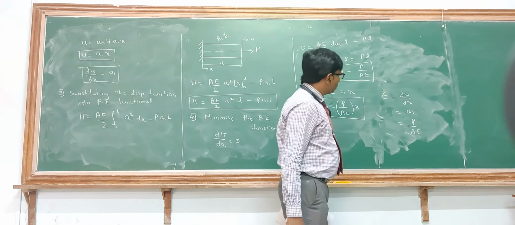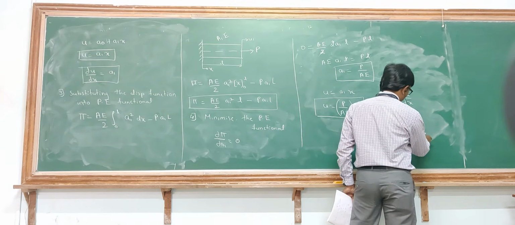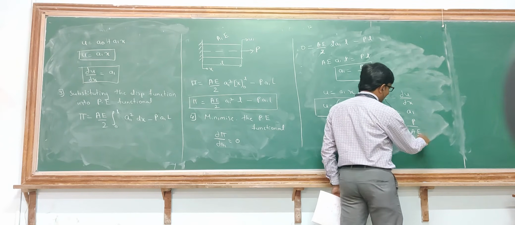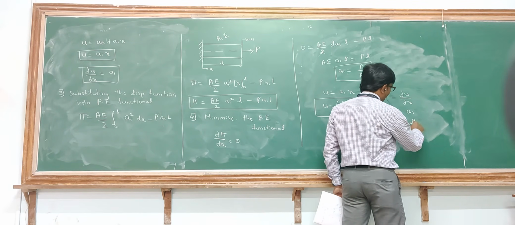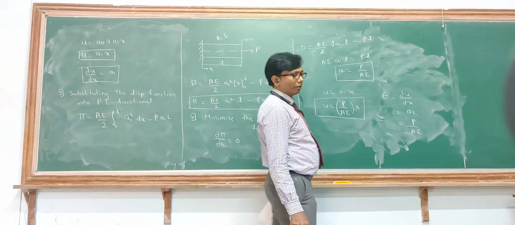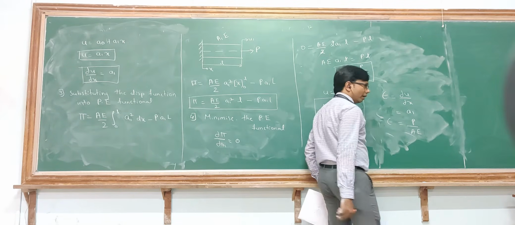If you check the units, area is meter square and E is Newton per meter square, which gets cancelled, so it remains Newton, and the load is also Newton. So strain doesn't have any unit, hence it is proved. So strain is P by AE.